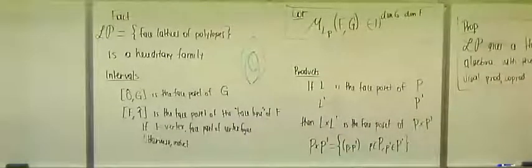So, okay, I erased my square pyramid, but that's easy to draw. Let me just draw it real quick. And so you can count the faces of every dimension. Okay, and that's what's called the f vector.